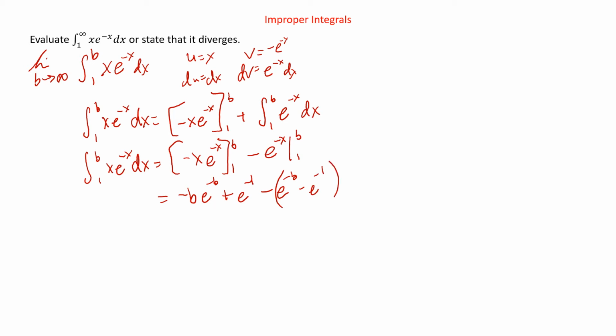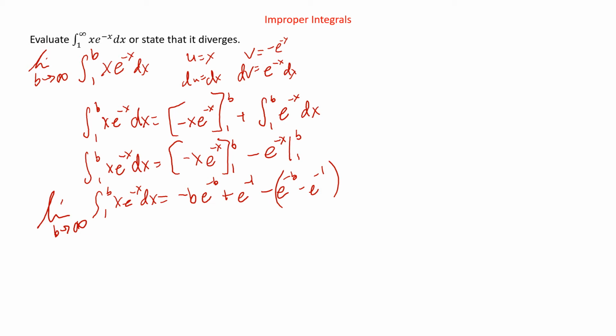So that's going to be plus e to the negative 1. Now we can take the limit as b goes to infinity.